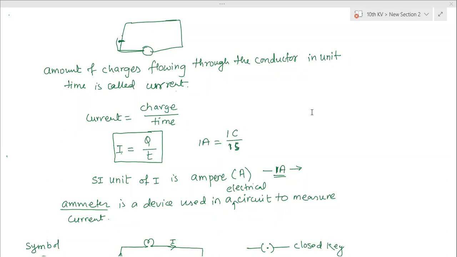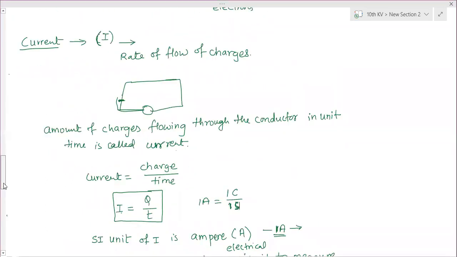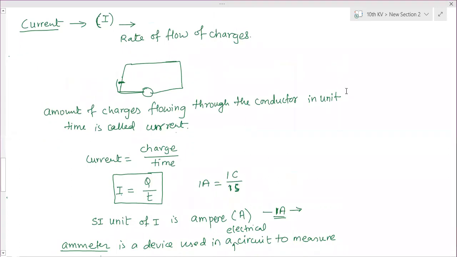So write down all these points. Are these points all clear to you? Yes, ma'am. Okay, write it down then. Current I. The actual definition is this: the amount of charge flowing through the conductor in unit time is called current.